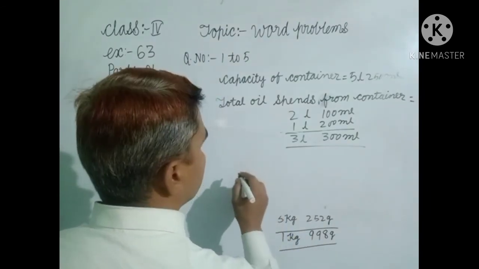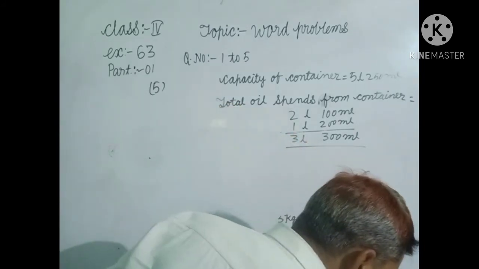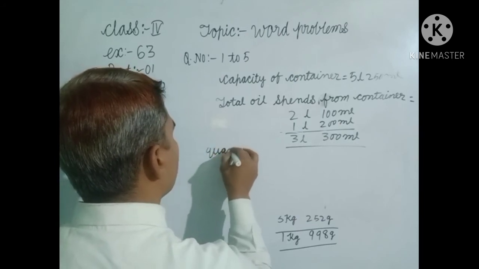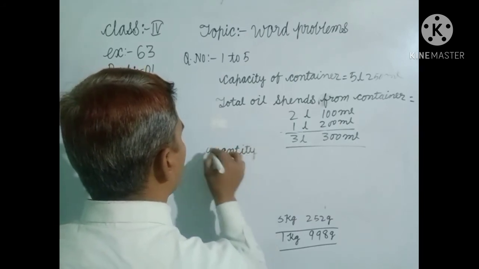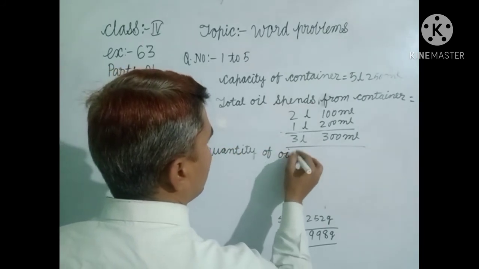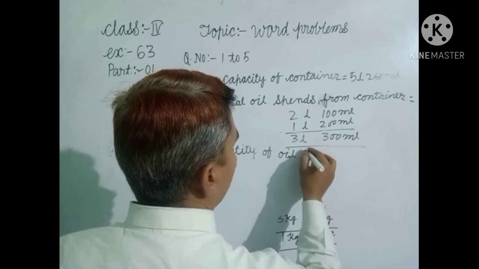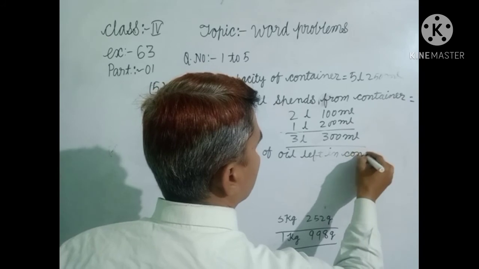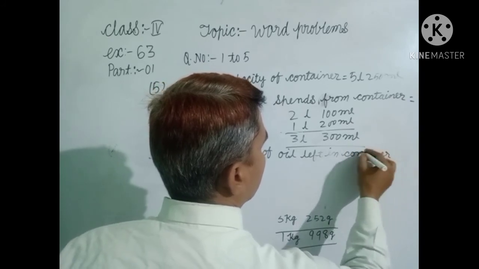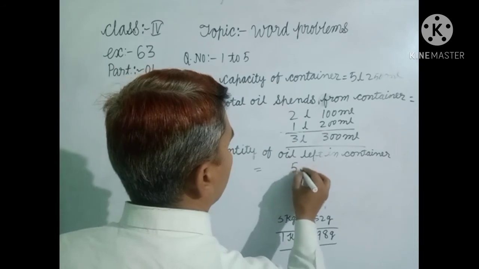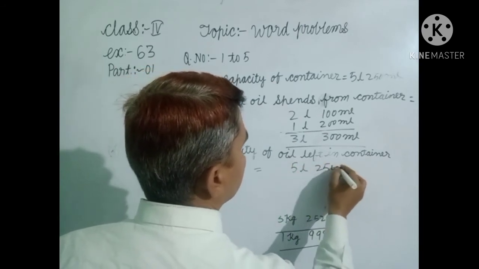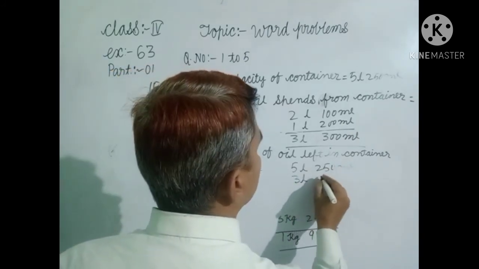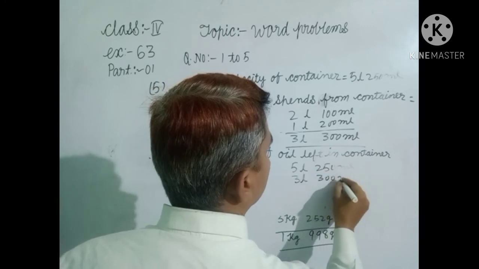That means the quantity of oil left in the container is equal to 5 liters 250 milliliters minus 3 liters 300 milliliters.